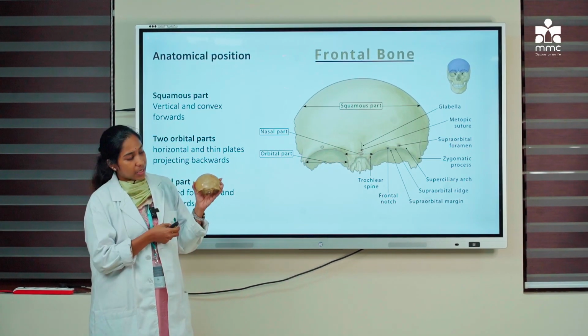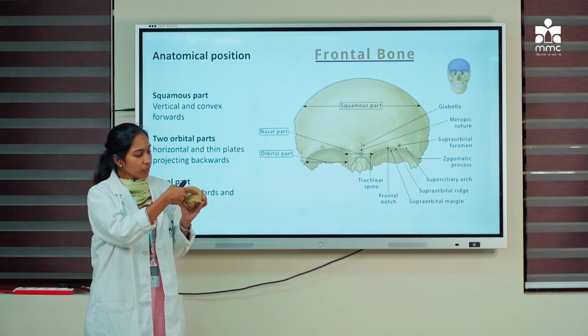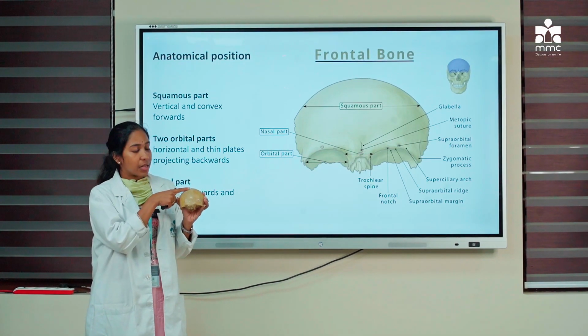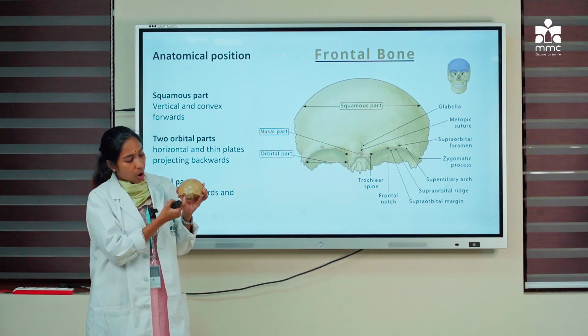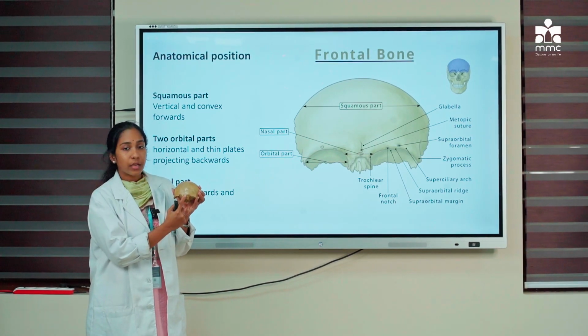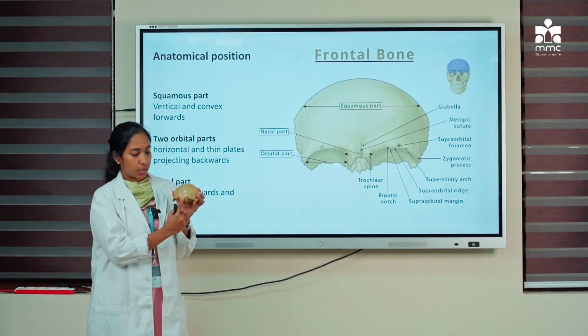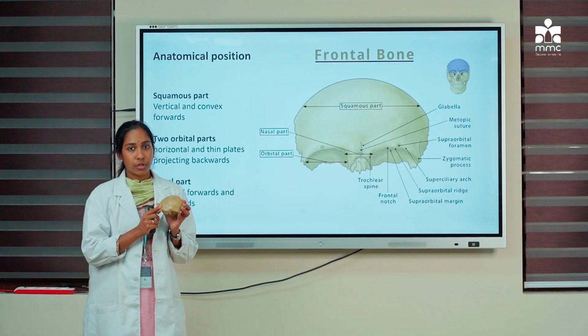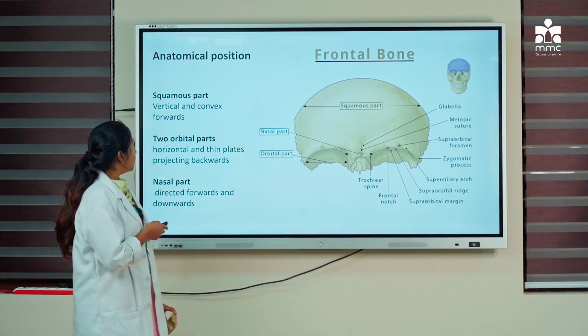So this is the anatomical position of the bone, where the squamous part should be convex and vertical, the orbital part should be horizontal and backwards, and the nasal part should be downwards and forwards.